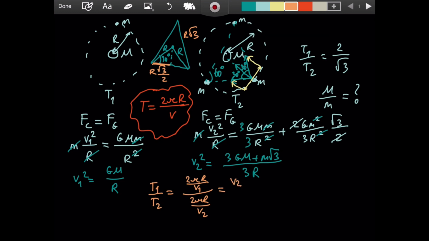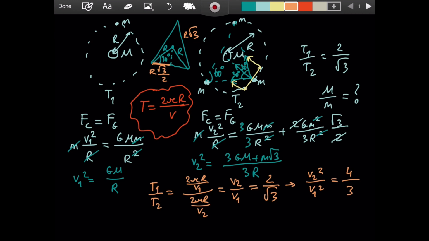So this is V2 over V1. And we are told by the question that this quotient is equal to 2 divided by the square root of 3. Now, since I have expressions for the squares of the velocities, why don't we just square this part of the equation to get that V2 squared divided by V1 squared is equal to 4 over 3.